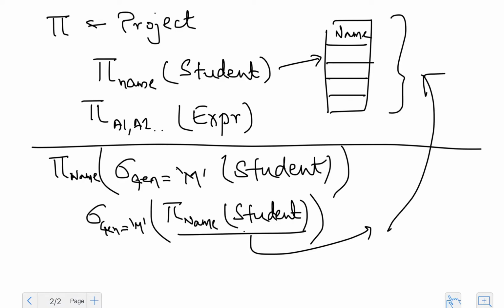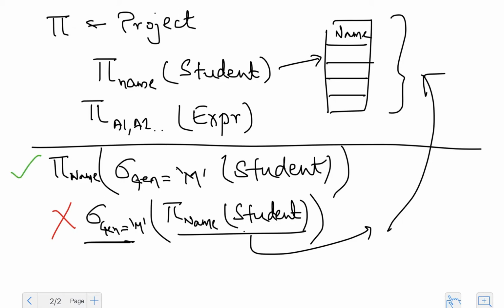So it just gives me this thing. And after that we are trying to say that I want to select those who have gender equals male, but this relation right here doesn't have an attribute called gender at all, because we've already gotten rid of that thing. So that's why this one would be wrong. It's wrong to write it that way.